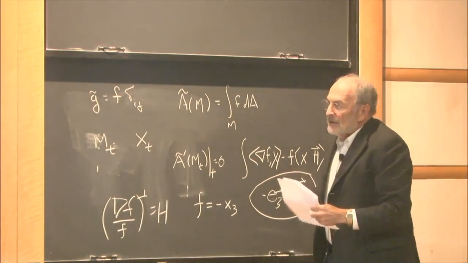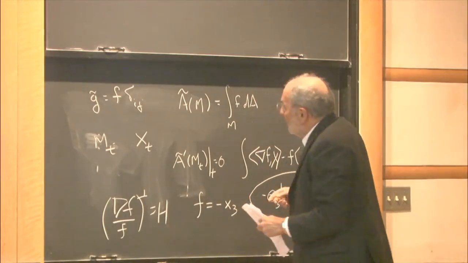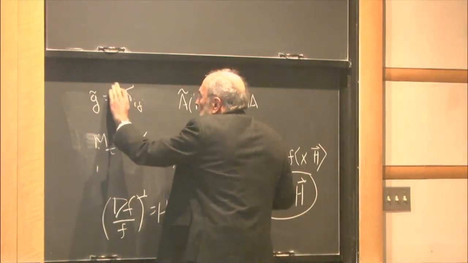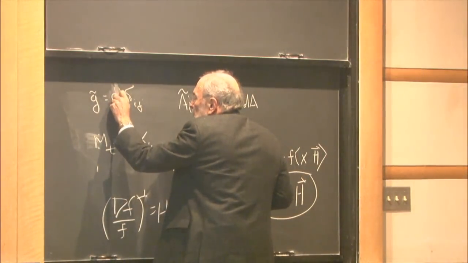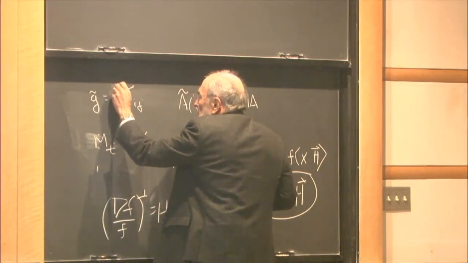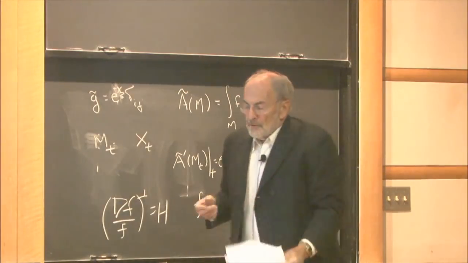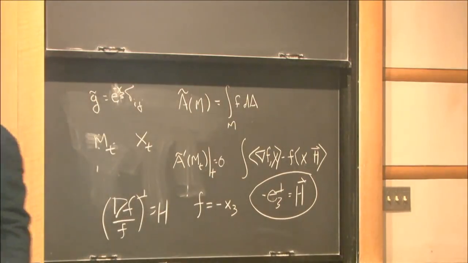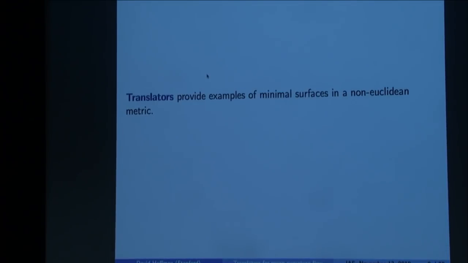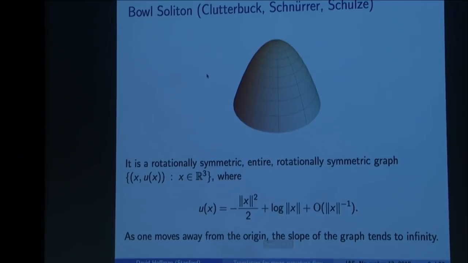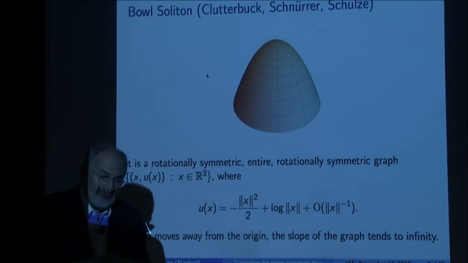So this simple calculation shows that in this metric, these translators are minimal surfaces, and vice versa. So what does that do for me? It does a lot for me because I know stuff about minimal surfaces.